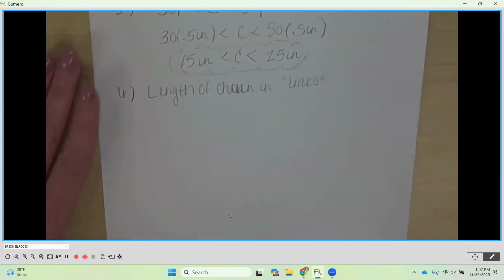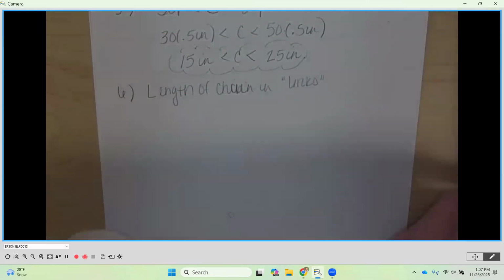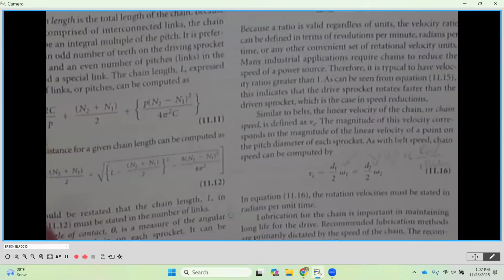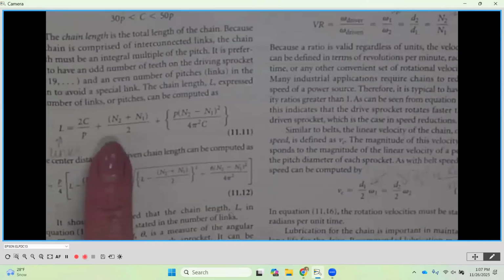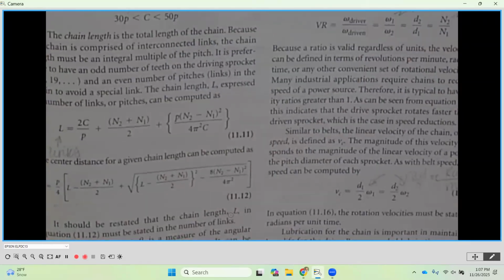So not inches, but in links. And again, so that we can count them off the spool when we're at the hardware store or when we're in the shop. So now the equation for that is right here.